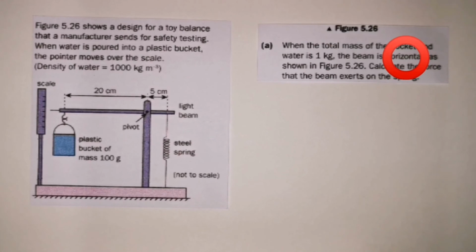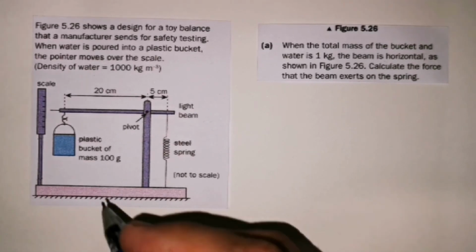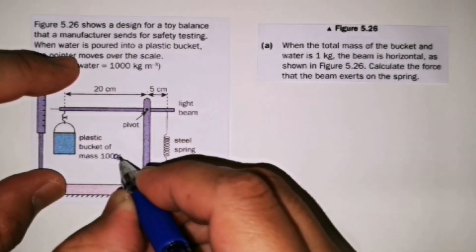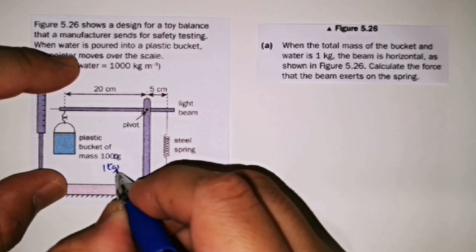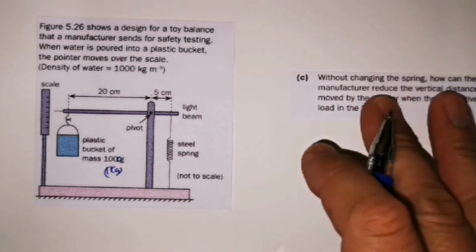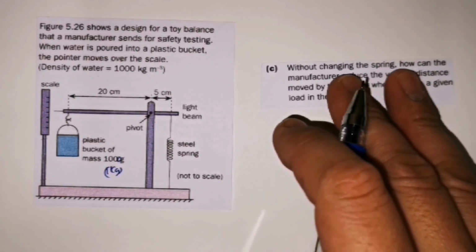So it does not move, it stays at the same position, horizontal. The beam is horizontal, meaning balanced. If this is 1000 gram, so 1 kilogram, that's the clue. For me, that is the clue.